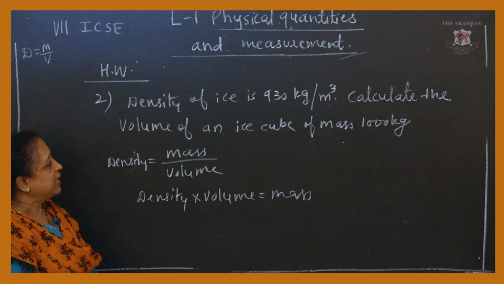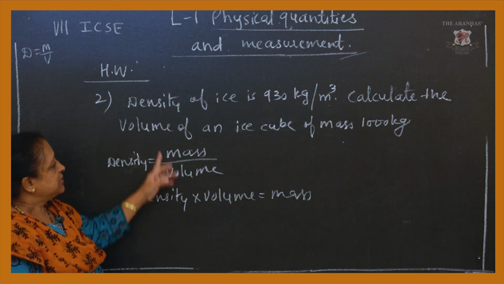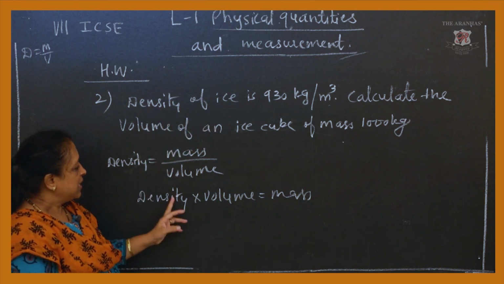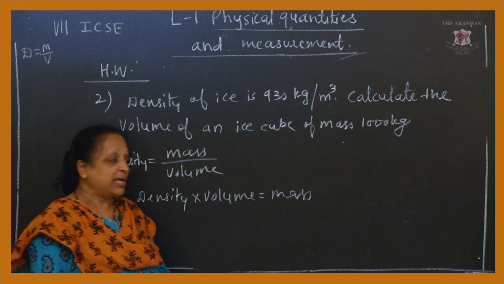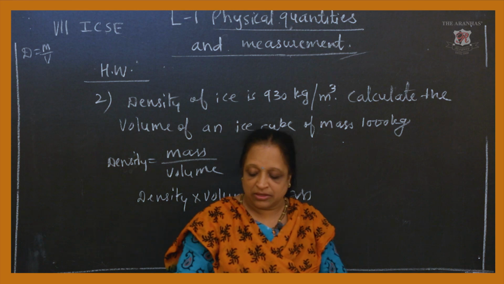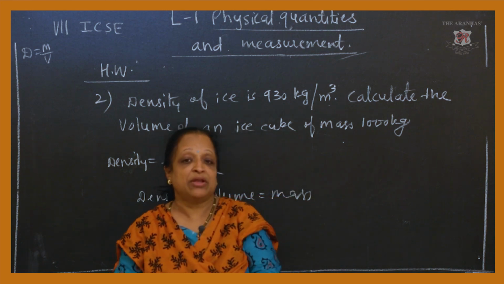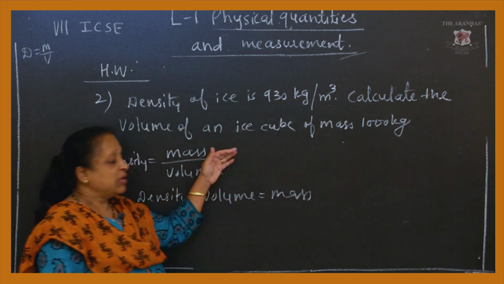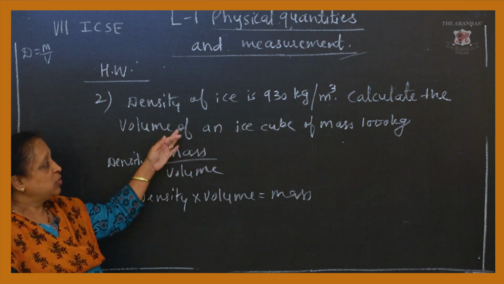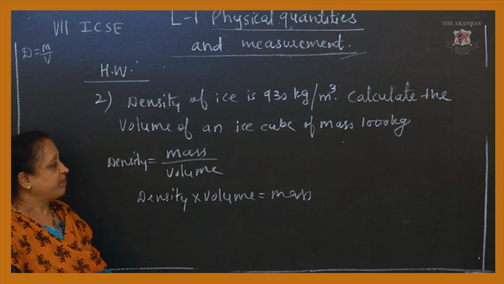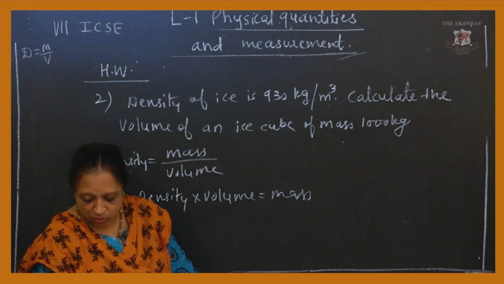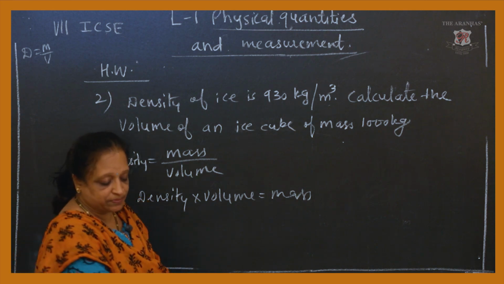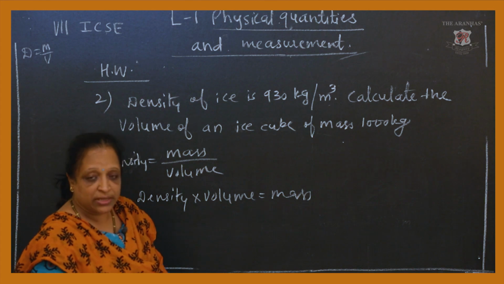So you will get just density and volume, meaning the mass will be divided by the density, and you can calculate the volume of a substance by that method. This I am leaving you for homework. I am giving you just 2 minutes to copy down the sum. Just copy it down, and you can solve that in your notebook.